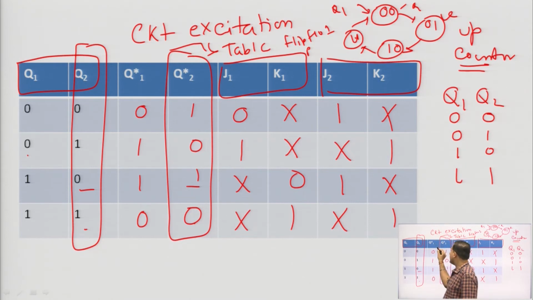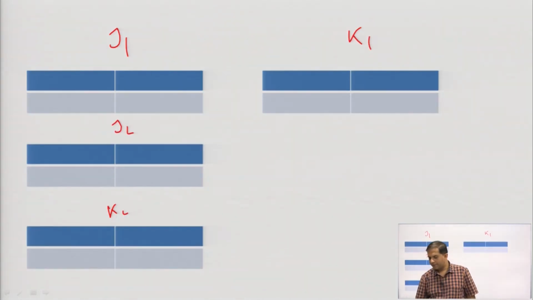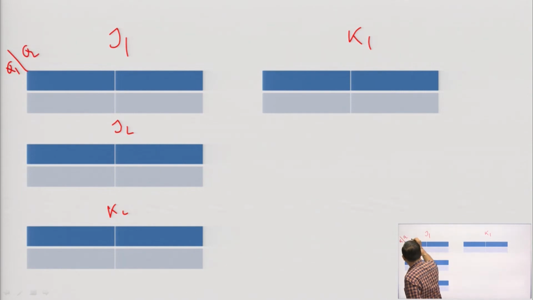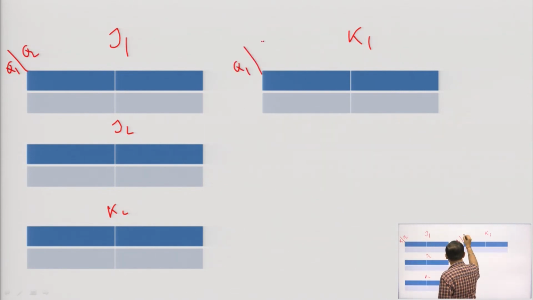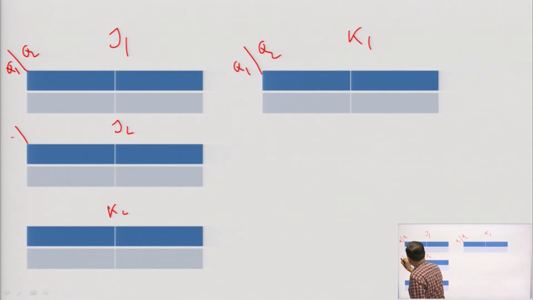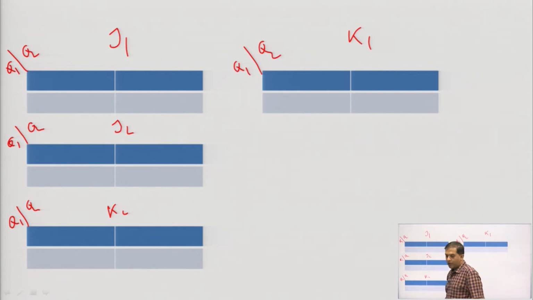Do not consider Q1 star and Q2 star, because they are the next states, right. We will only consider Q1 and Q2. So, this is Q1 and Q2, write Q1 Q2 in every place. Okay. So, now let us check that.